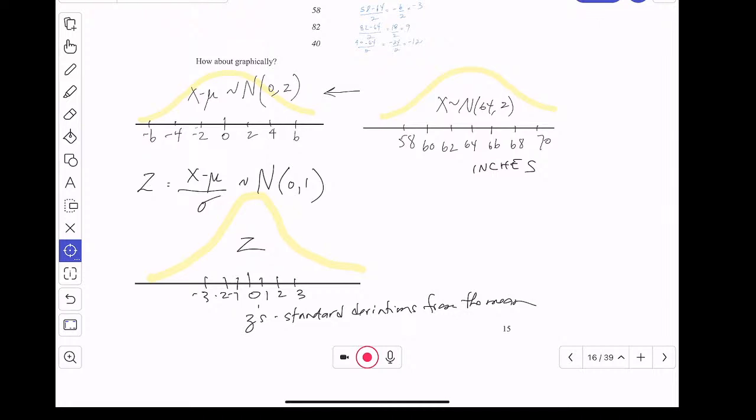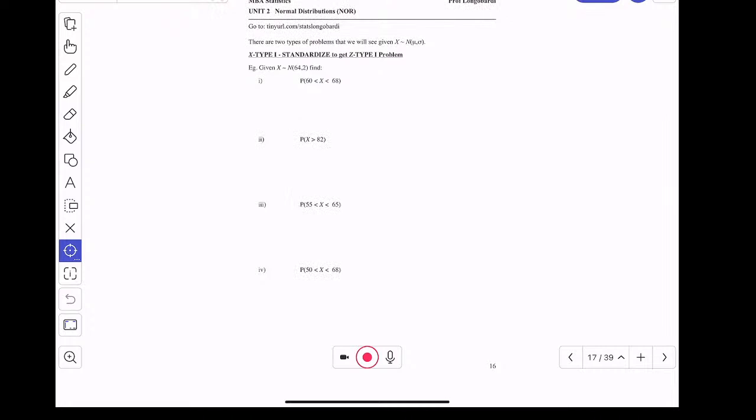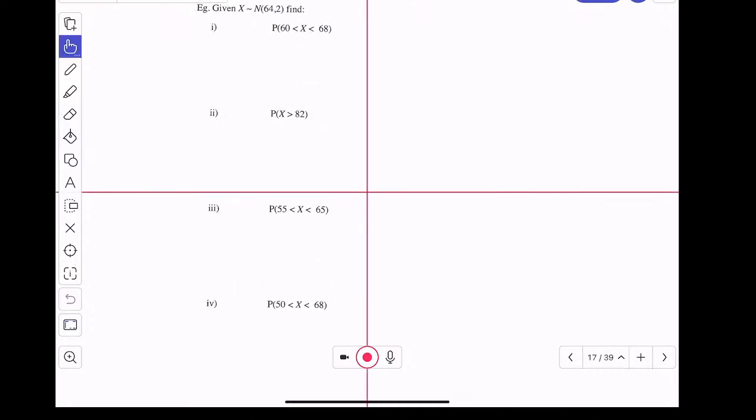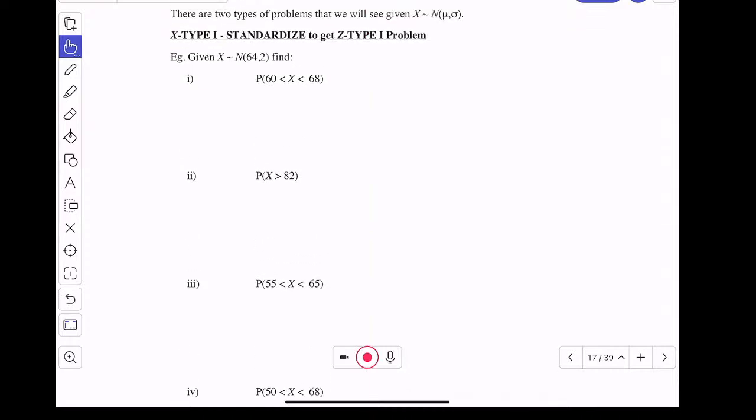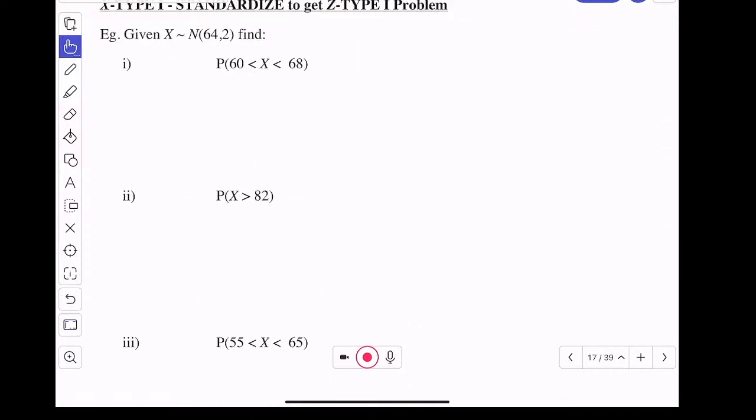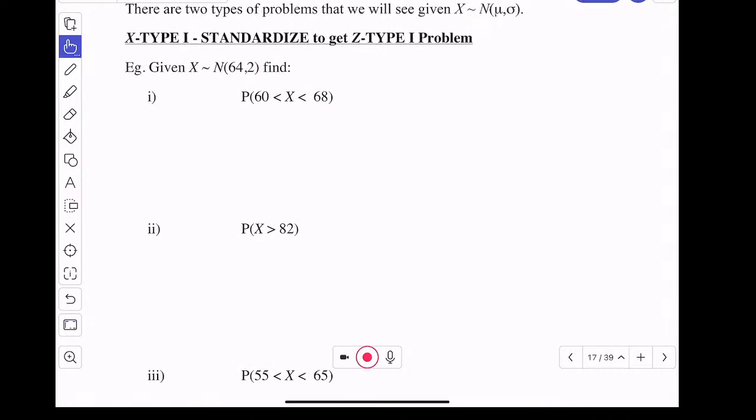So, what can I do with this? Here I ask you, in a set of problems, now solve these problems not using the 95, 99.7 rule. I want you to use the standard normal distribution. You could do this in Excel using the normal distribution, but you should be able to also do it the way I'm showing you right now.